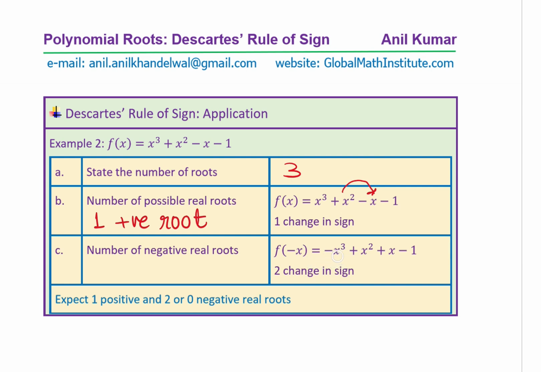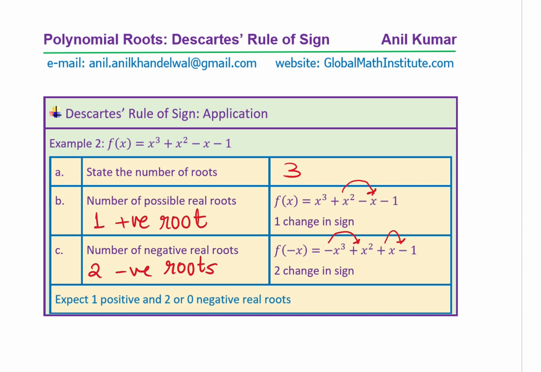So if I make x negative, all the odd terms' signs will change. So it will be minus x cubed plus x squared plus x minus 1, and that gives me one sign change from the first two terms, and then again a sign change for the next two terms as shown here. Two sign changes means we have two negative roots. Is that clear to you?